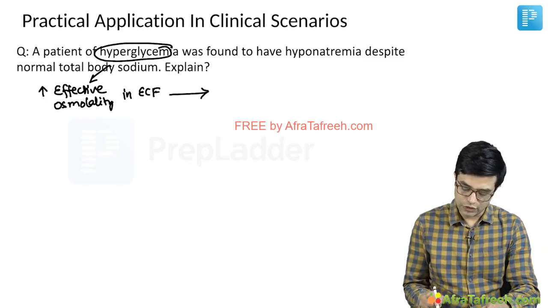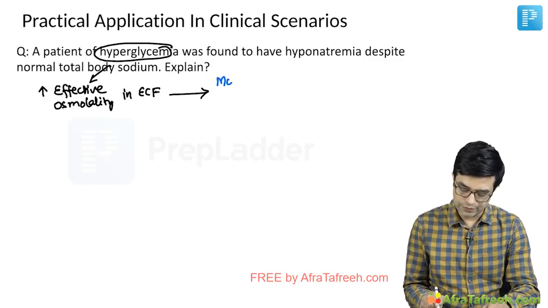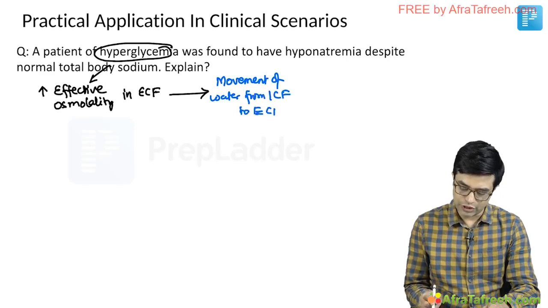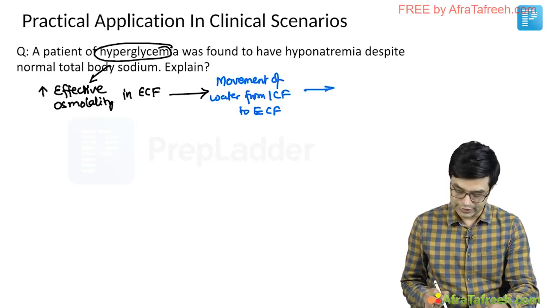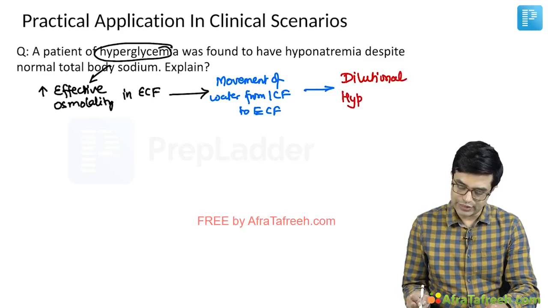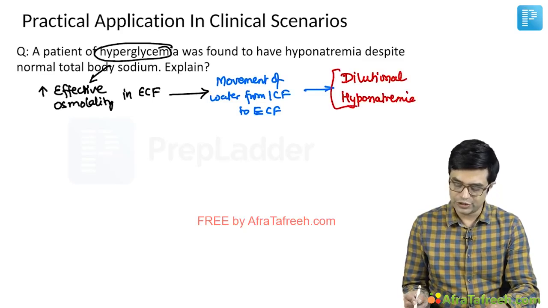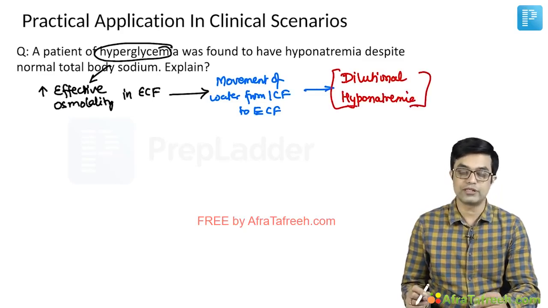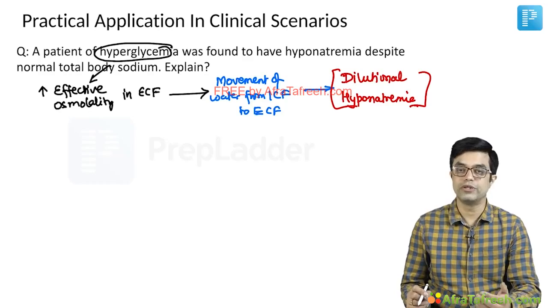This will cause movement of water from ICF to ECF. Now there is more water in the extracellular fluid. This will produce dilutional hyponatremia. And so when you measure the sodium level using the normal routine laboratory tests, you will find the sodium level to be low despite the total body sodium being normal.